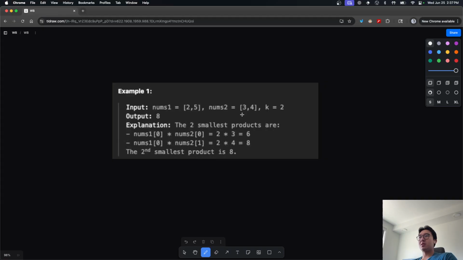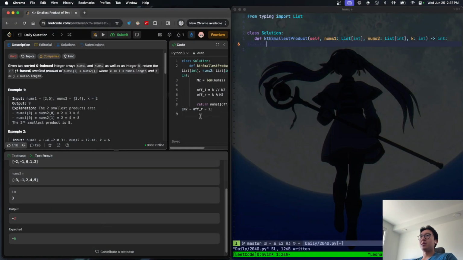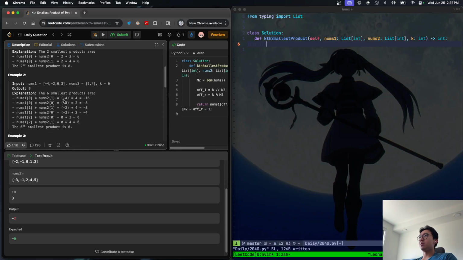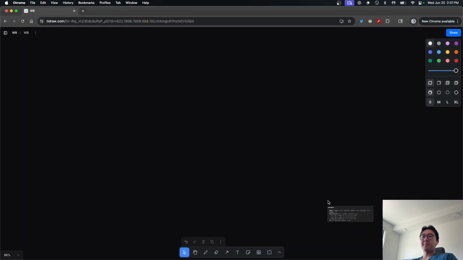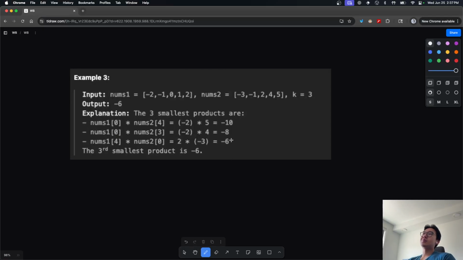The problem is the moment we get negative numbers, which in this case is the first. But even in this case, it's always going to be the same thing. Yeah, this is the problem that we have. I have no idea.